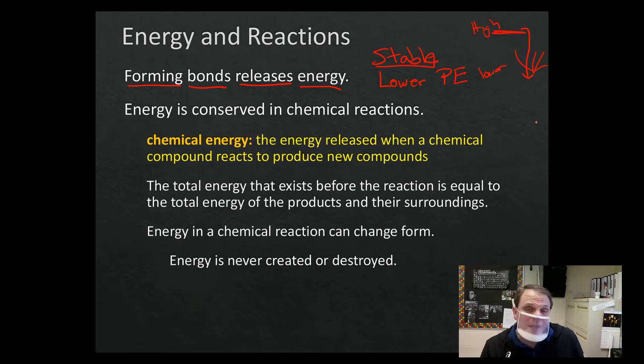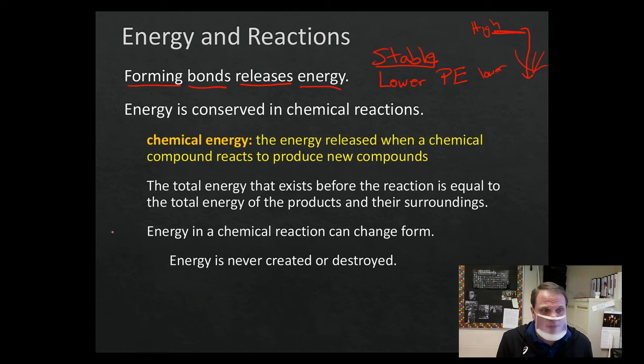And so in any type of bond formation, breaking, you're going to end up having some energy loss, some energy gained. And if your overall energy lost is greater, then it's called an endothermic reaction. If your overall energy gained is greater, that's called an exothermic reaction. So we'll talk about that in the next slide here.